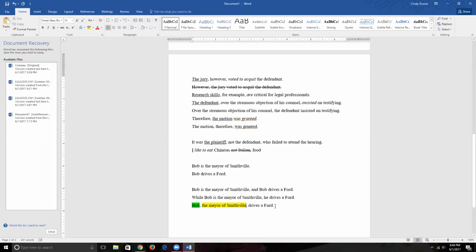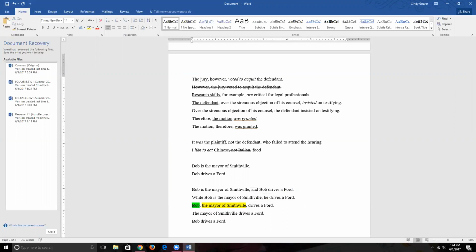Okay, and you can see that this, our subject, and this, our appositive, mean the same thing. So we could have said the mayor of Smithville drives a Ford. And that's Bob, right? Or we could say Bob drives a Ford.